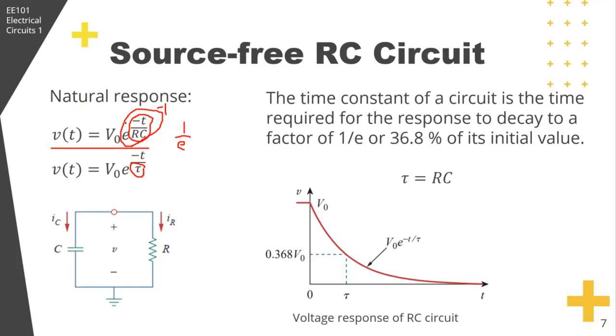So it becomes 1/e only when t is equal to RC, right? Then -RC/RC is e to the -1, which is equal to 1/e. This means tau is equal to RC. So that's why we can also express it as v of t equal to v sub 0 e to the -t over tau.